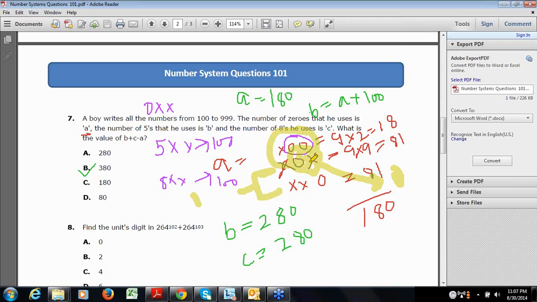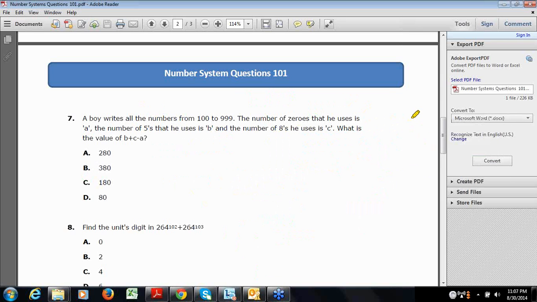So it will be 9 positions, and same it will be here 9 positions. So 9 into 9, 81. Yes, Manik, you are right. Okay, guys. Chalo, moving ahead.